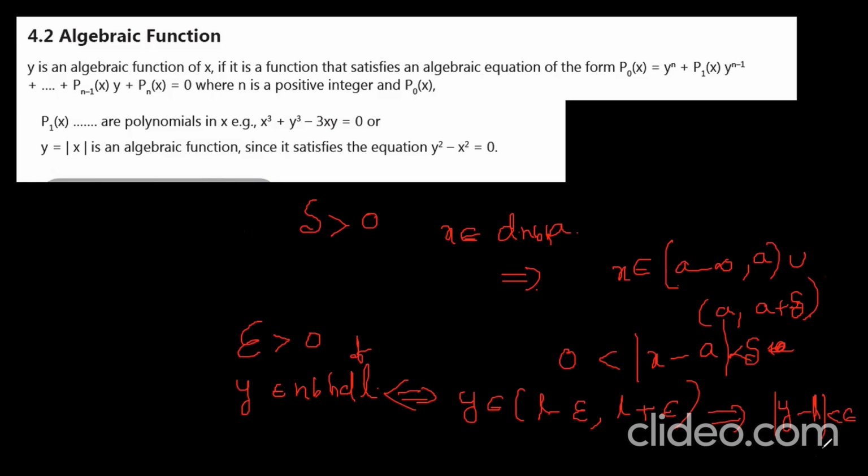Understand? This is about neighborhoods and deleted neighborhoods of points.